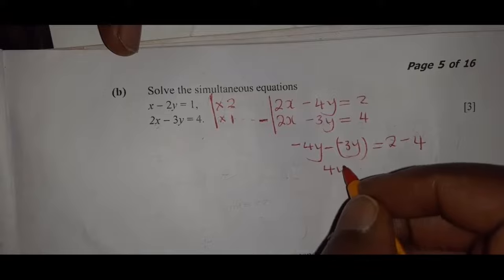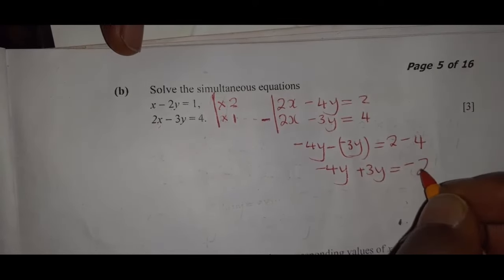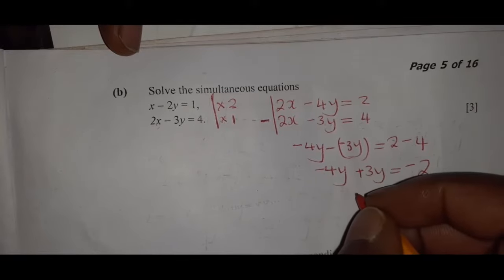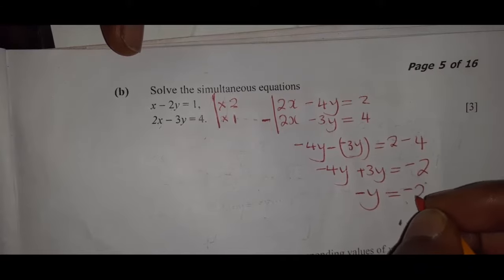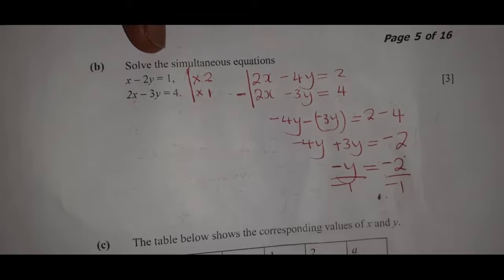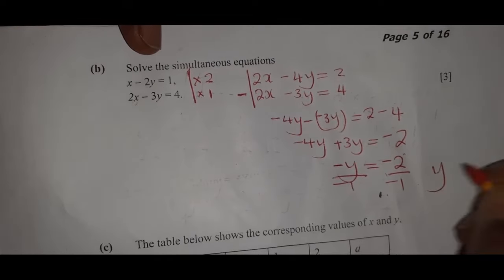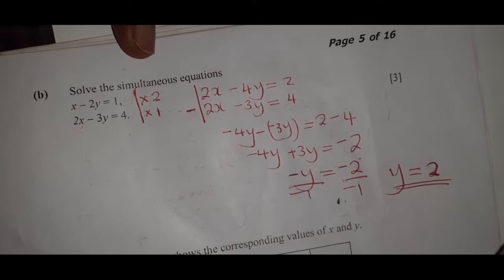So this will be 4 plus 3y, which is equals to -2. So here, this will give you y is equals to -2. So you divide by -1, you divide by -1. So this will give you that y is equals to 2.